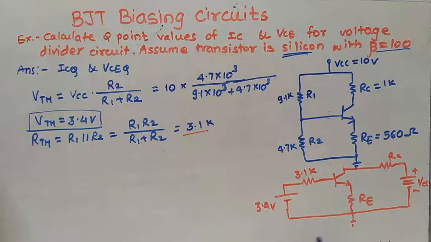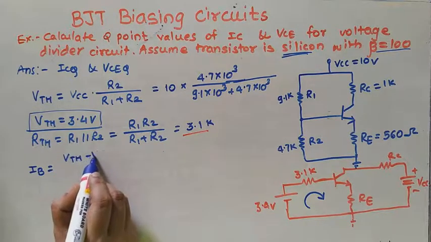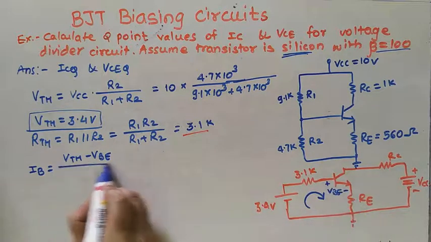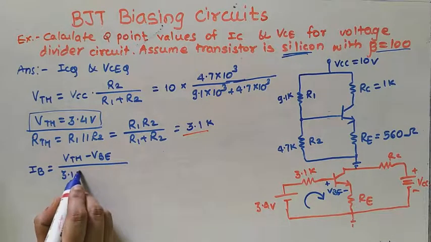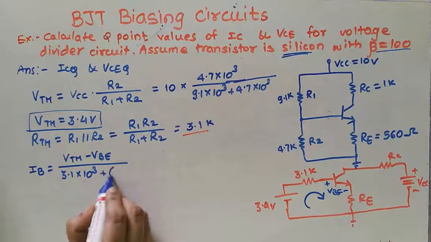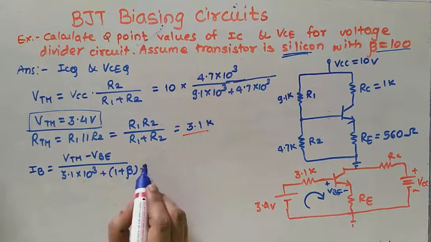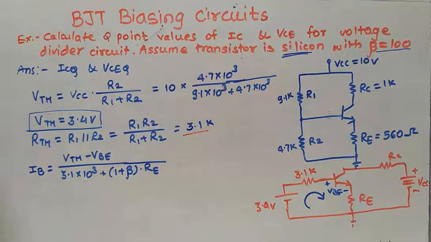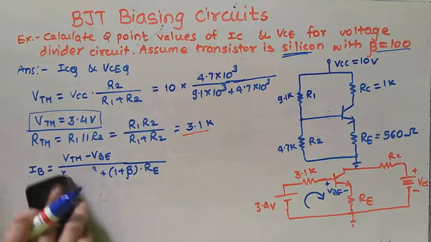Now for IB we have to apply KVL in this loop and find out the equation of IB. I will directly write it down. Applying KVL we have IB equal to VTH minus VBE, divided by RTH, that is 3.1 into 10 raised to 3, plus 1 plus beta into RE. First I will write down the values like this and then we will put the actual values.